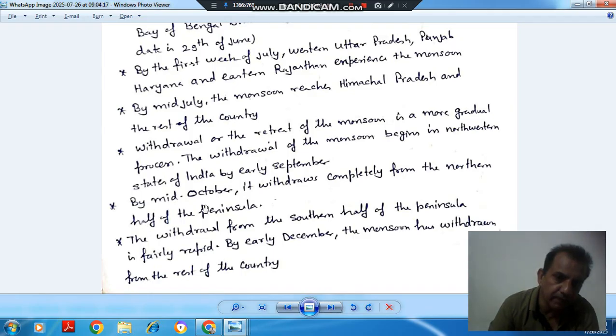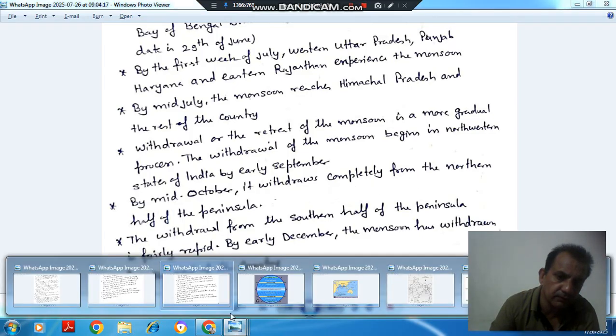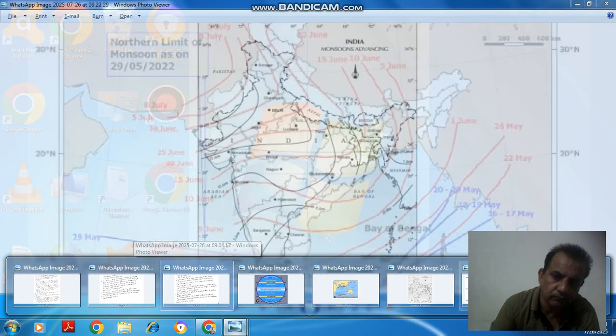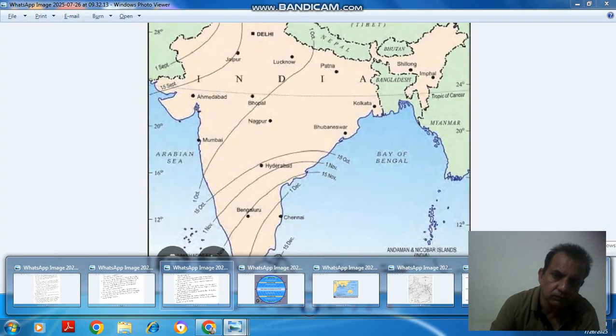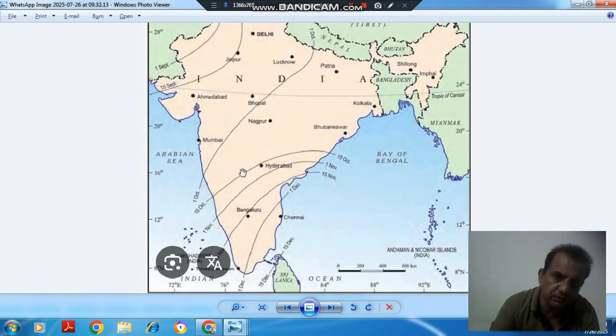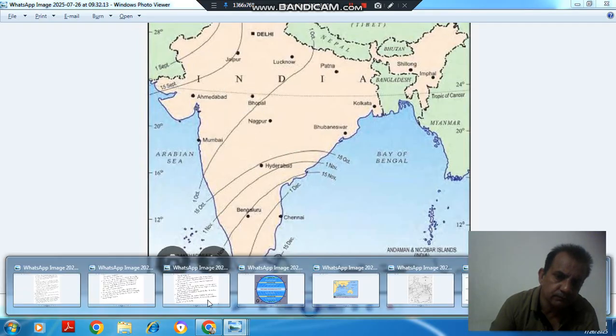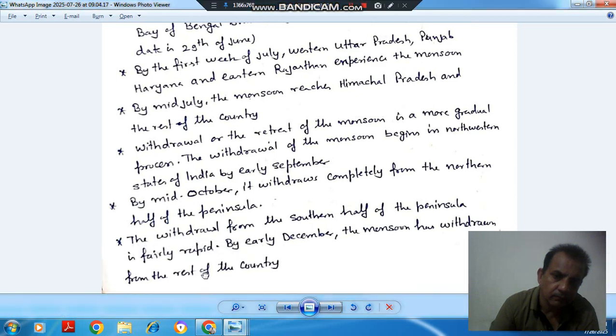Next is by mid-October, it withdraws completely from the northern half of the peninsula. By mid-October means 15th October, northern half of the peninsula. Next is the withdrawal from the southern half of the peninsula is fairly rapid.